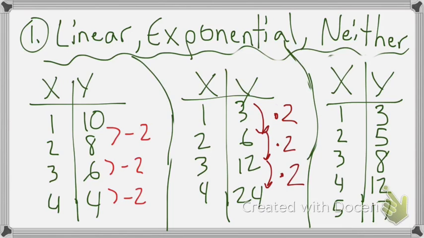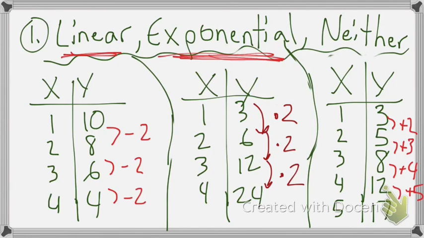Remember, it's got to be the same number. And we're not multiplying or dividing by the same thing. So this one would be a neither. There is a pattern. There is a way to figure out what's going to come next. But it's just not this one, and it's not this pattern. It's a different kind of pattern, which you're going to learn about next year.